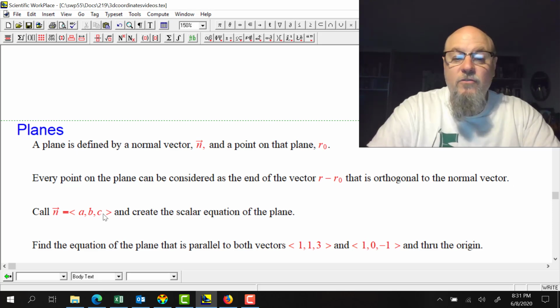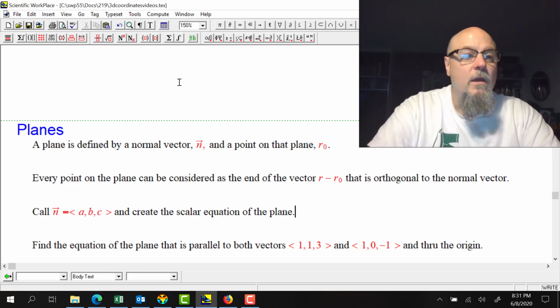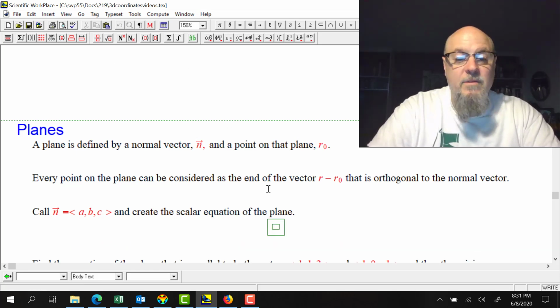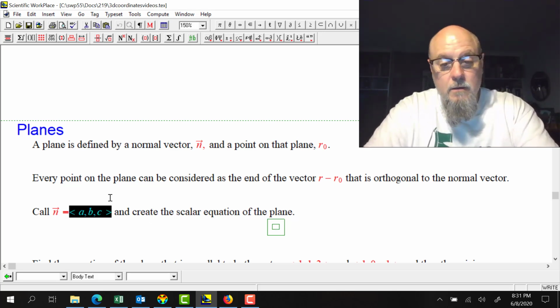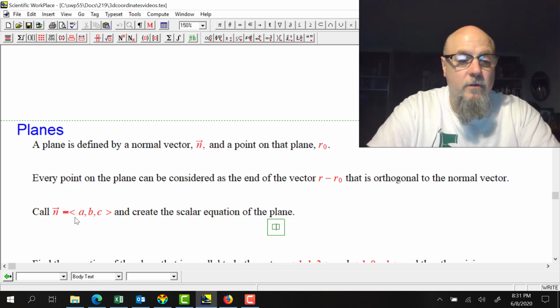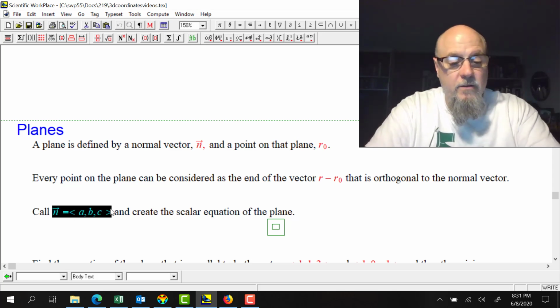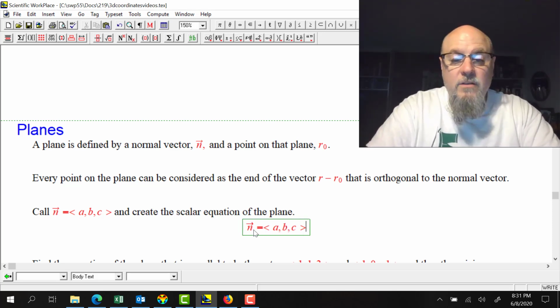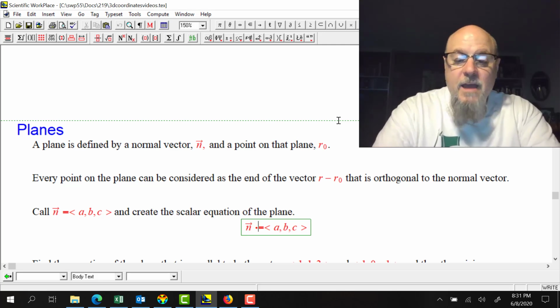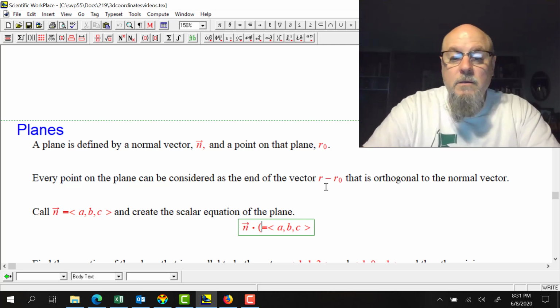So let's call this normal vector ABC, and we're going to make the scalar equation of that plane. Let's write it like this first. Taking the normal vector ABC, I want to dot product that normal vector with the vector r minus r0.